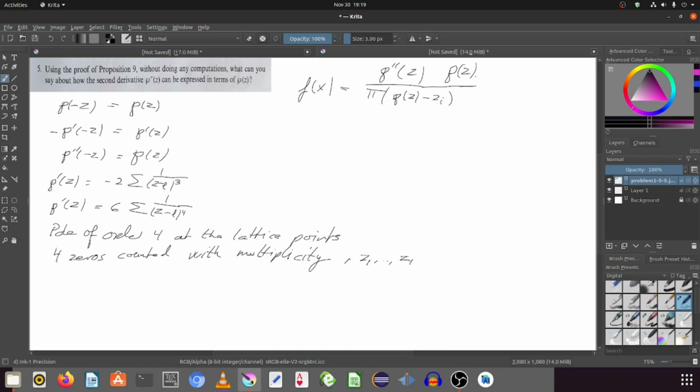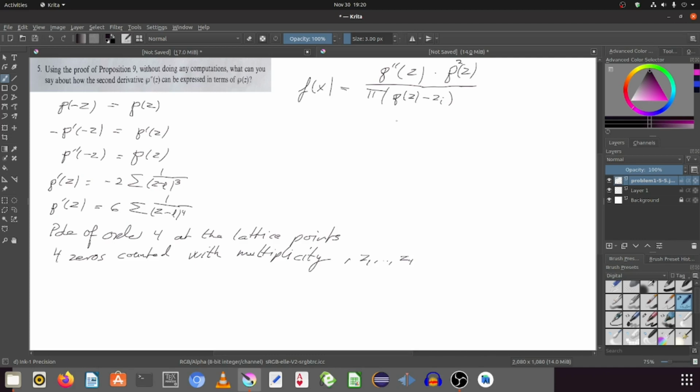Oh, squared. So then we have a pole of order 2 to the 4th, that is 8, and 4th, that is 8. But then how about the zeros?